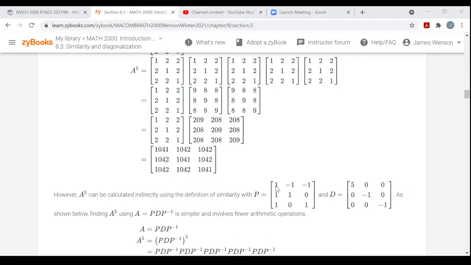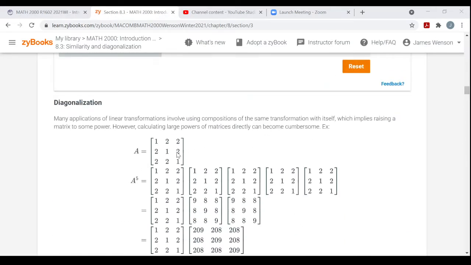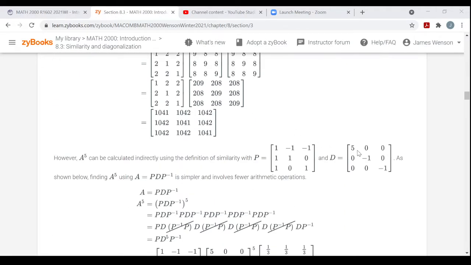All 3 of these are independent eigenvectors of A. And then the diagonal matrix, the entries down the main diagonal are the eigenvalues of A, and they come in the same order as their corresponding eigenvectors in matrix P.